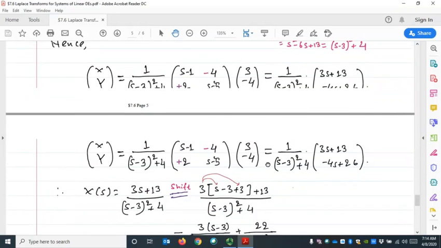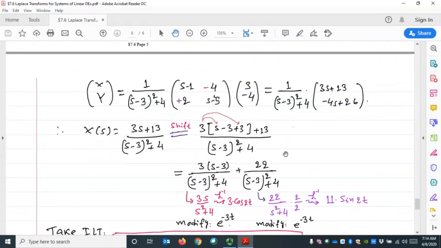Awesome. Let me scroll down and write the first terms, which is 1 over s minus 3 quantity squared plus 4, and multiply these two matrices. Again, multiply horizontally, multiply vertically, add them, which gives us this.